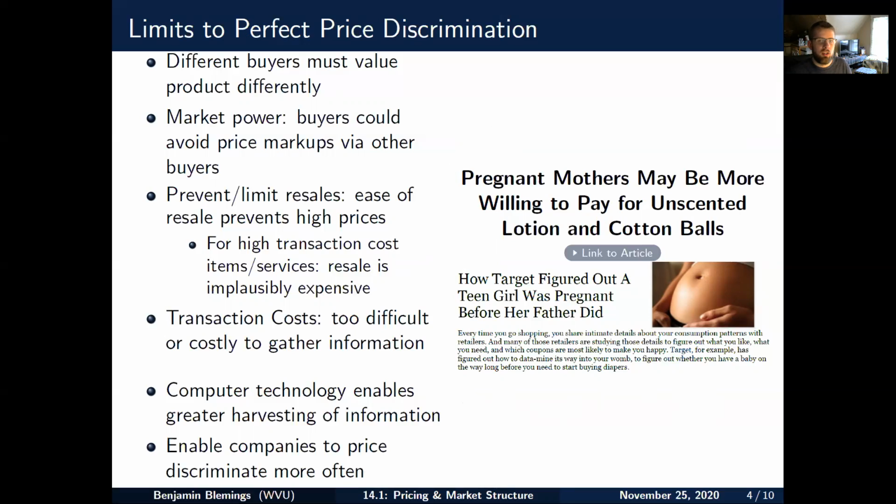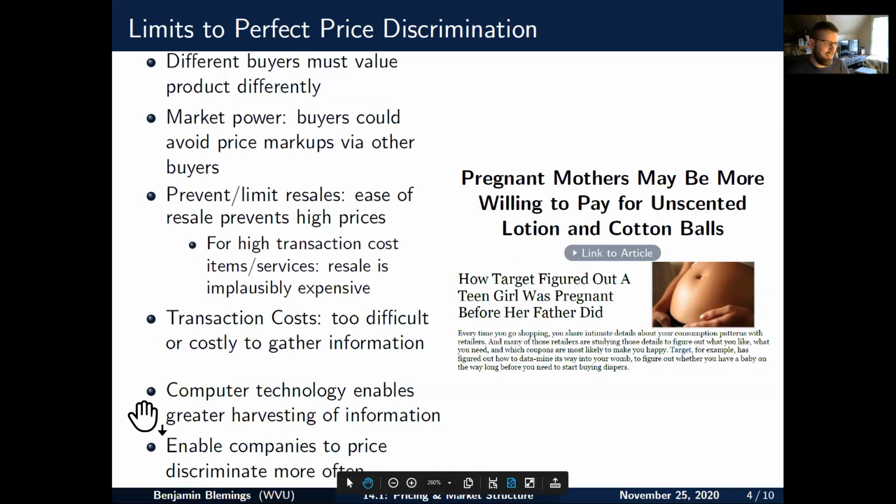Target sent a coupon to a family's house and the daughter was pregnant, but the dad didn't know. Target figured it out from what she was buying, which was unscented lotion and cotton balls, which goes with pregnancy. Target figured out that women in their second trimester were likely to buy these things. And so Dad wasn't very happy about that. You can click the article here. I think it's really interesting, but I won't belabor the point for now.